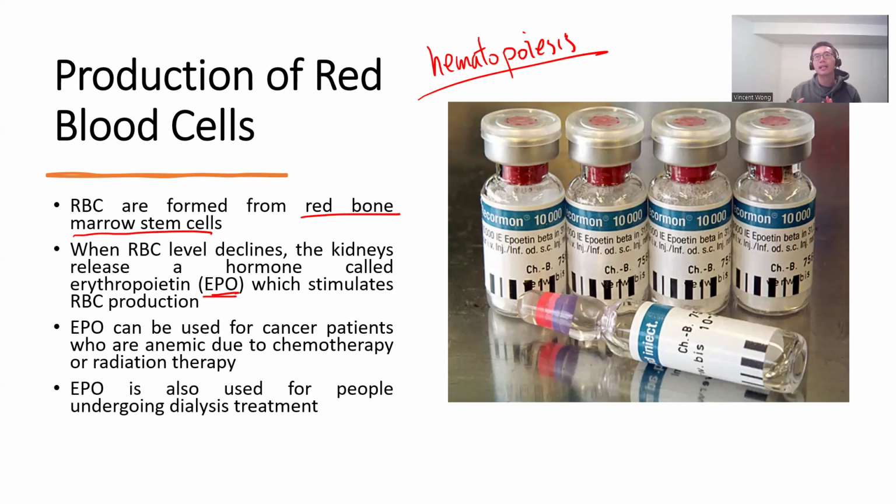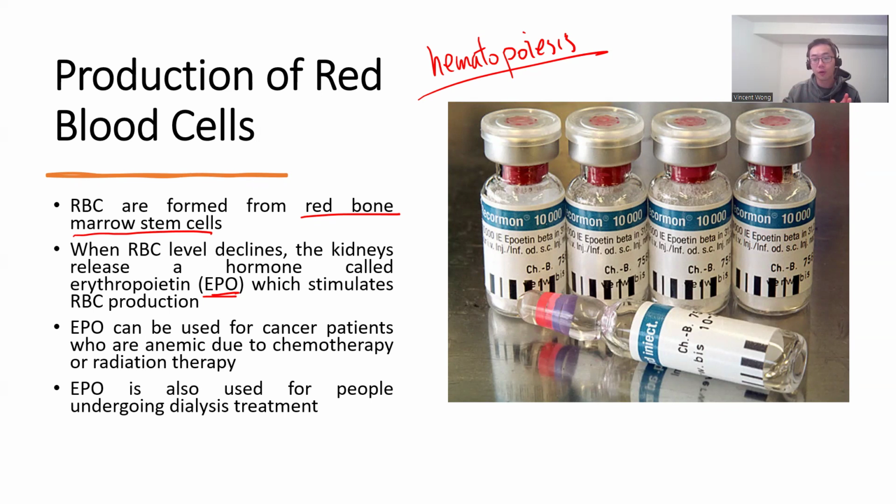Dialysis is when the person's kidney is not working in the sense that it's not filtering the blood to make the urine. But the kidney is responsible for producing EPO, right? So when somebody gets dialysis, it means the kidney is malfunctioning, and then the EPO is not produced as well, right?